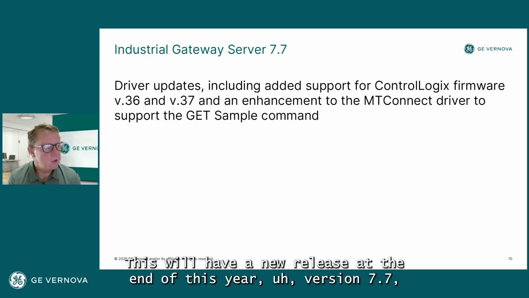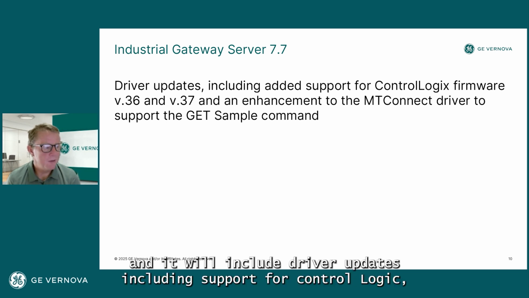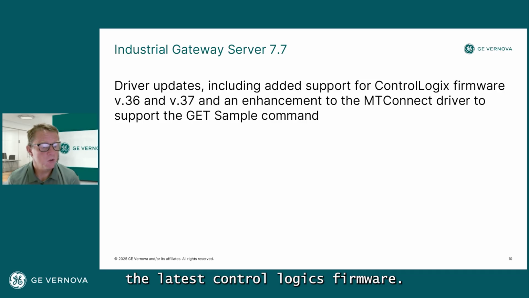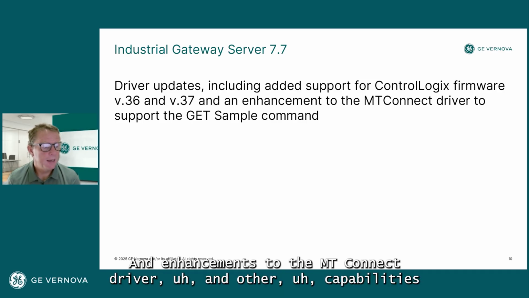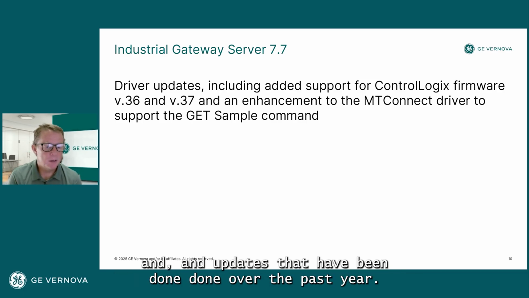This will have a new release at the end of this year, version 7.7, and it will include driver updates, including support for the latest ControlLogix firmware, and enhancements to the MT Connect driver and other capabilities and updates that have been done over the past year.